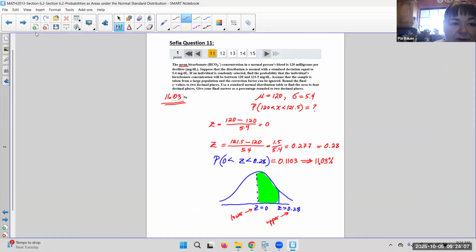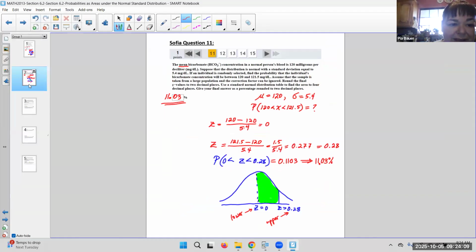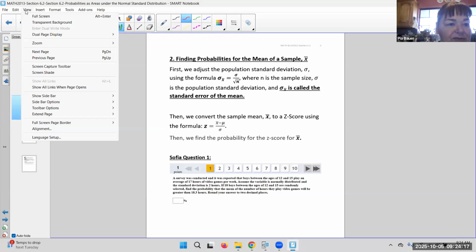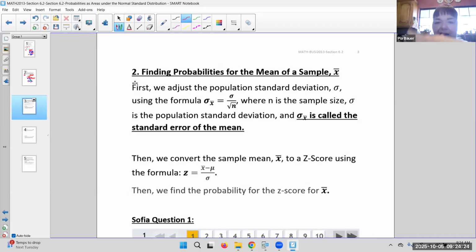Okay, so the second part of this section is actually finding probabilities for the mean of a sample. It's not for a particular X value, a particular random variable like the price of a car, or like I mentioned, the cholesterol level. Now it's talking about the mean of the sample.